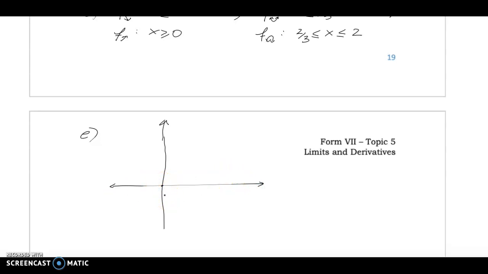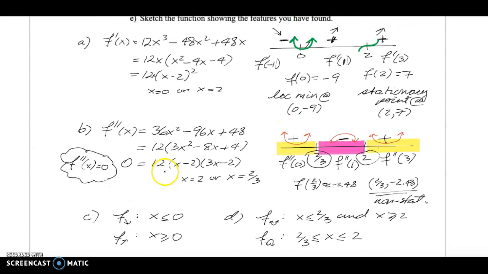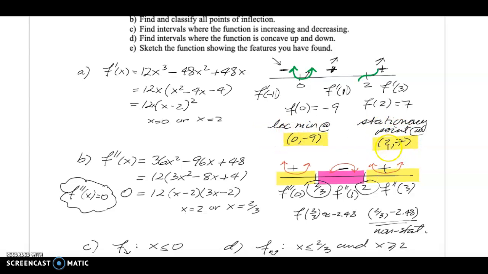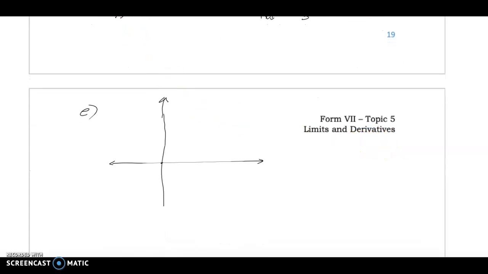There's my 0, 0. Notice there's a few points that we want to point out. 0, minus 9 is a point, and we have a minimum, a stationary point at 2, 7. So we're going to put those in. Right here, this is going to be my 0, minus 9.